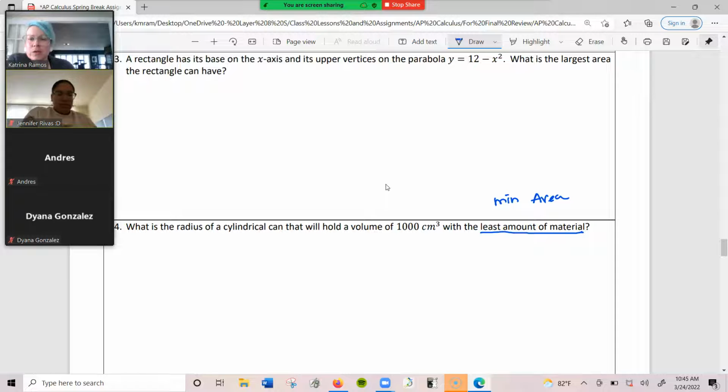So I'm going to draw a picture. We have a cylindrical can that will hold a volume of 1,000 centimeters cubed. And we're looking for what is the radius with the least amount of material. So that would mean that we're minimizing the surface area of a cylinder.